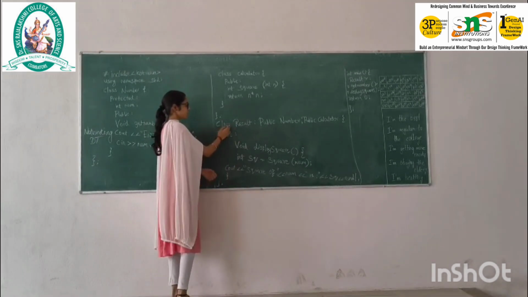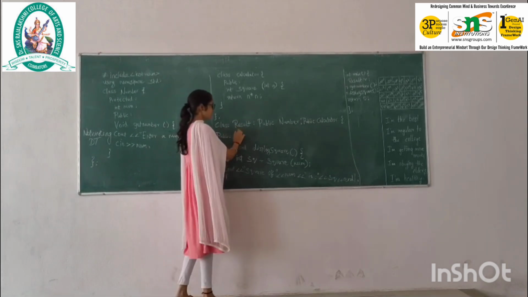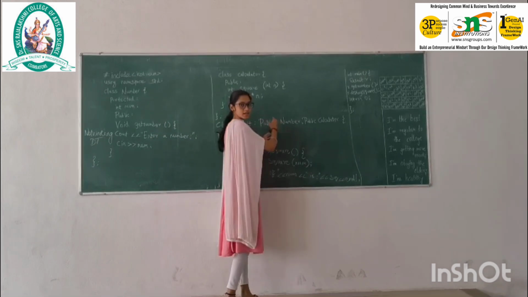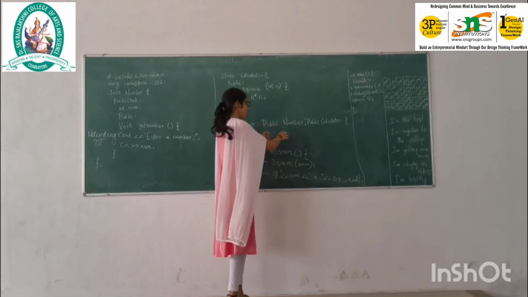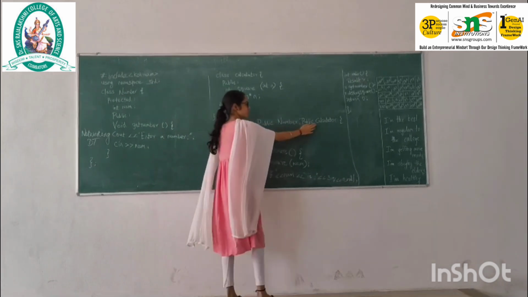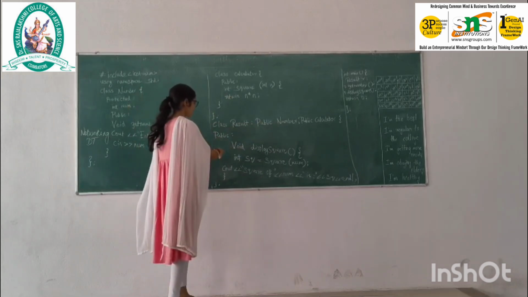After that, we are defining the child or derived class result. Inside this, we are inheriting the properties and getting the value of the number and the square from the base classes number and calculator. These two are base classes that we already mentioned.